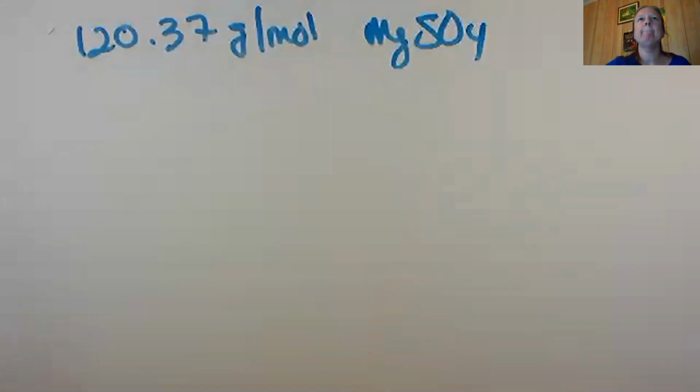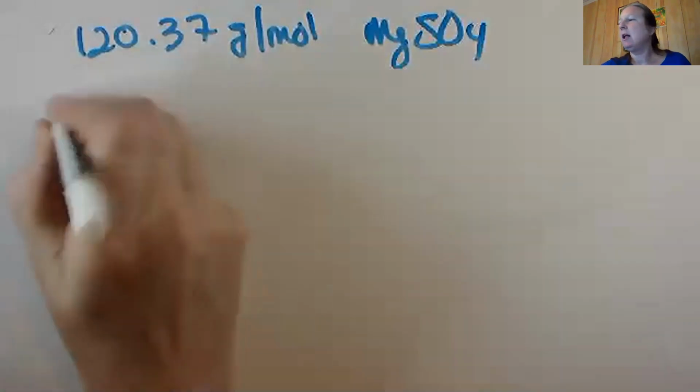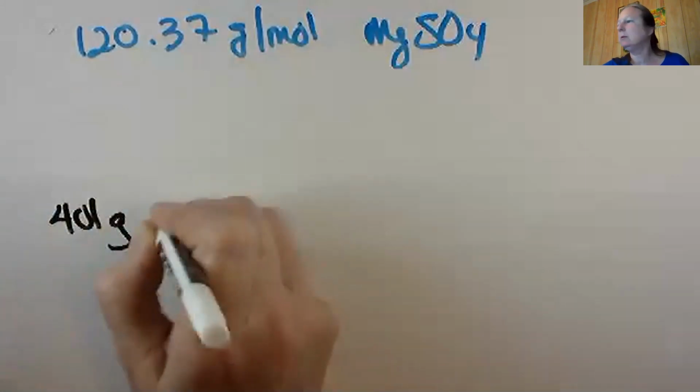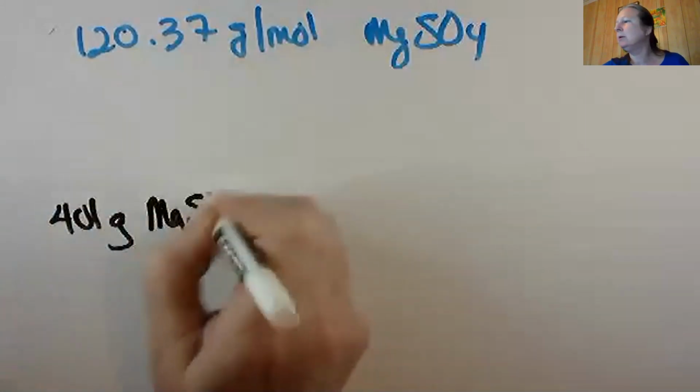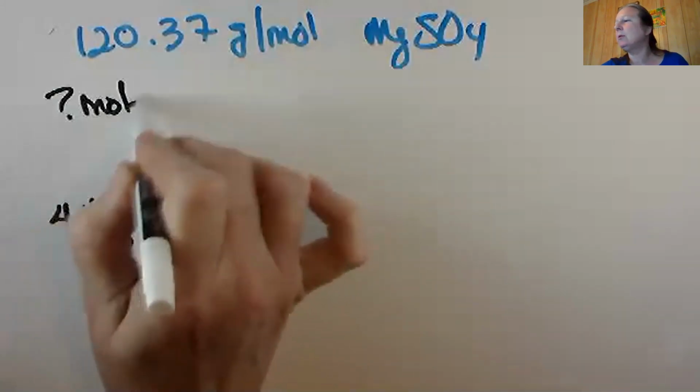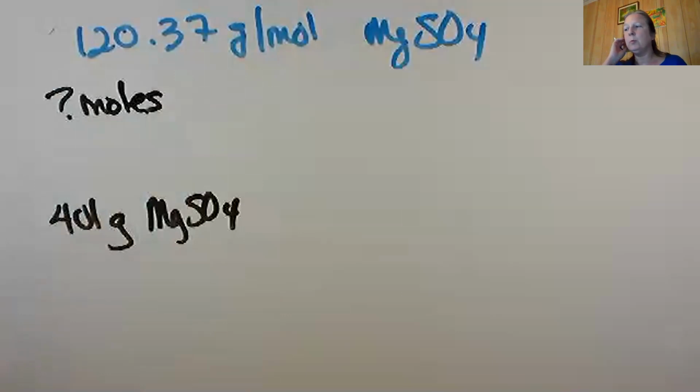So the next question says, I have, what do I have? I have 401 grams. And the question is, how many moles? Now, normally, if you say how many, you want to think Avogadro's number. But if it says how many moles, moles is your other definition.